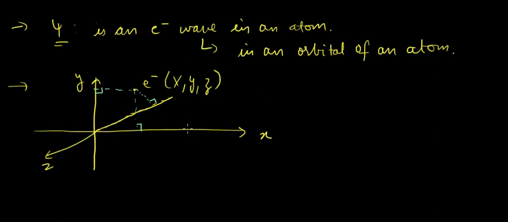In polar form we can also represent the position in terms of r, theta and phi.